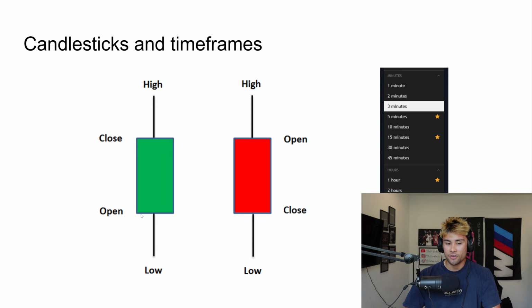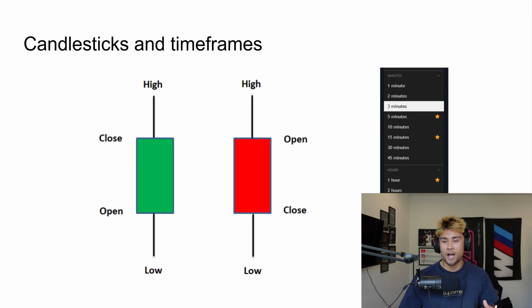And for a green candle, the bottom of the body is the open and the top of the body is the close. Now, what does all that mean? It's the high, the low, the close, the open of what exactly? Well, each candle represents price movement within a certain period of time.